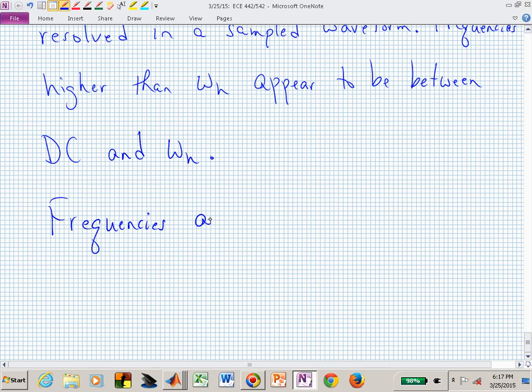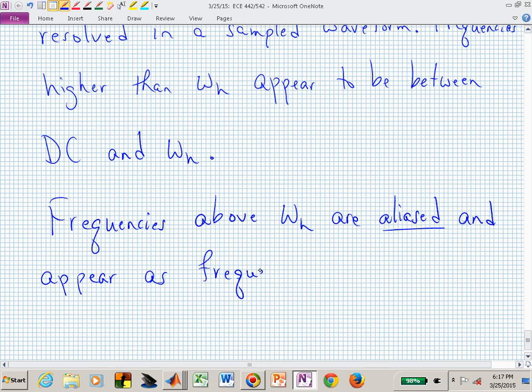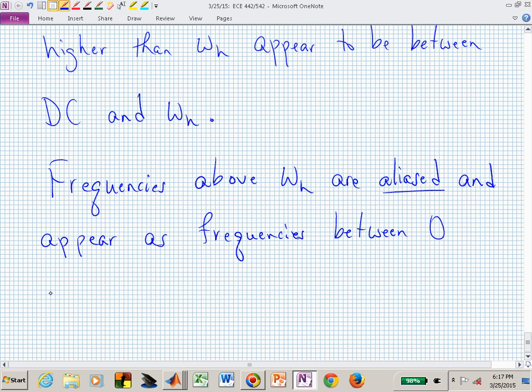Or frequencies above omega sub h are aliased or look like something else, and those higher frequencies appear as frequencies between 0 and omega sub h, which is omega sub s over 2.